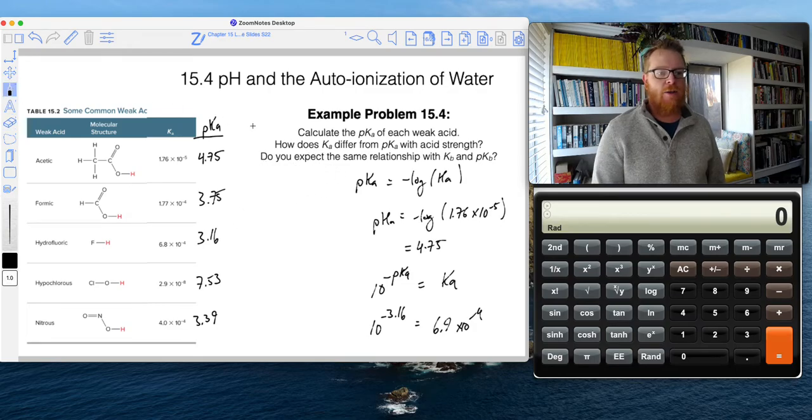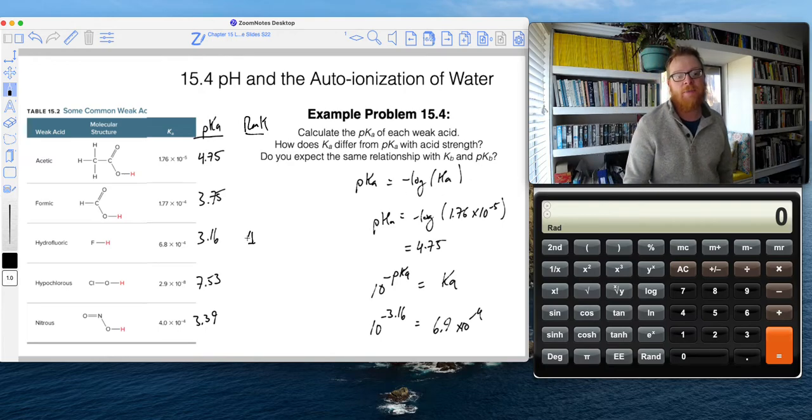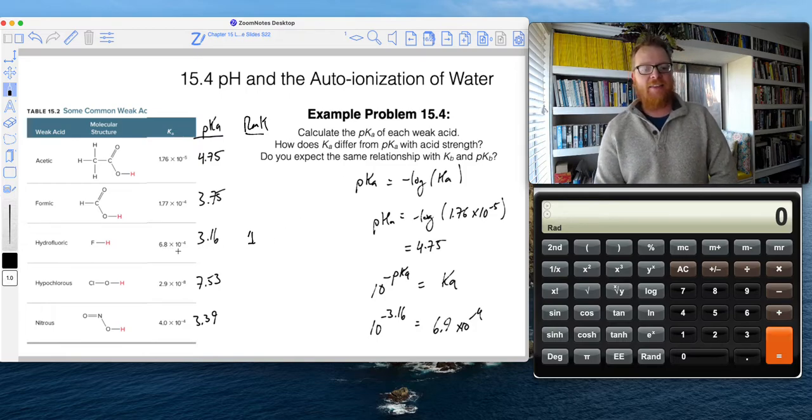And I'll say rank. So hopefully you remember that the hydrofluoric was the strongest out of all of these weak acids because it had the biggest Ka number, right? Well, now you can see that in fact it has the smallest pKa.